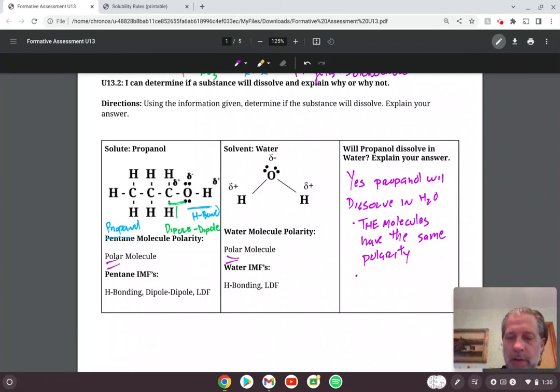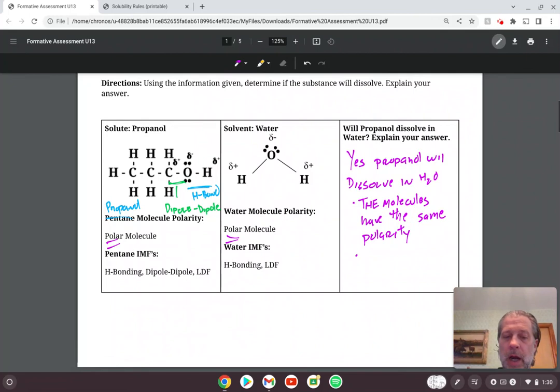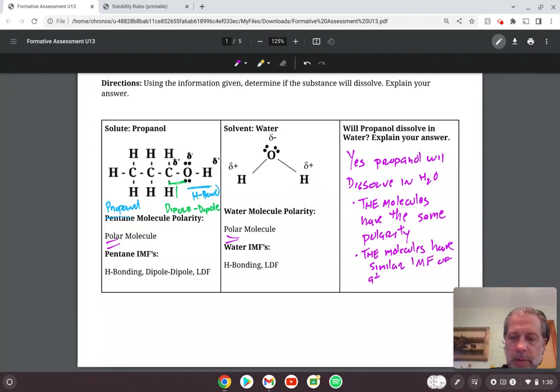And then we can also say that the molecules have similar intermolecular forces of attraction.